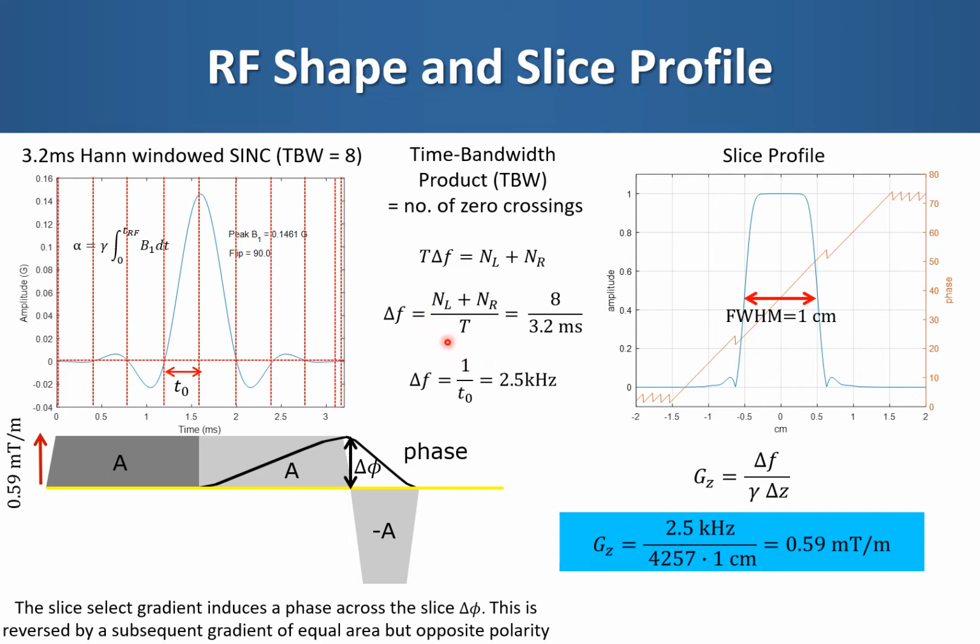The excitation bandwidth is therefore given by the number of zero crossings divided by the pulse duration, which in this case is 2.5 kilohertz. If we wish to excite a 10 millimeter thick slice, then we would need to play out a slice select gradient amplitude of 0.59 millitesla per meter.